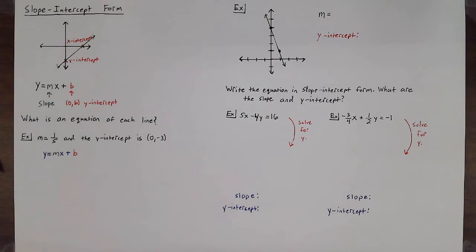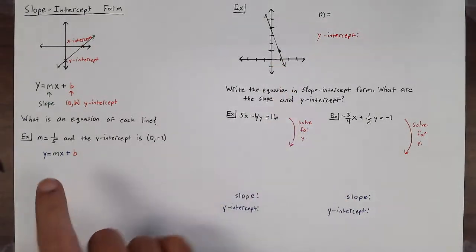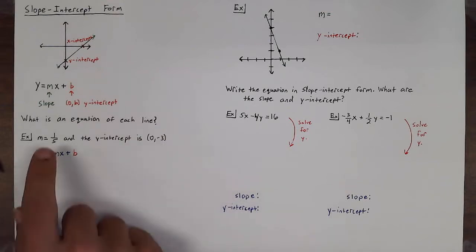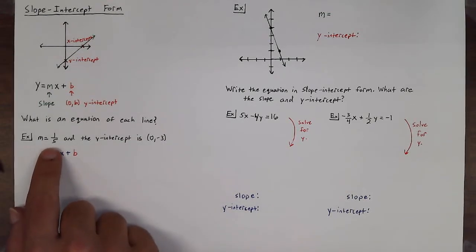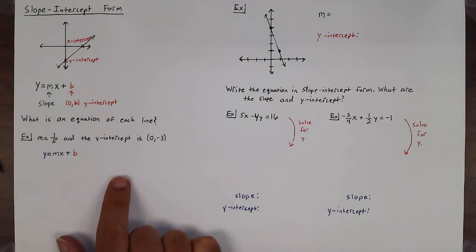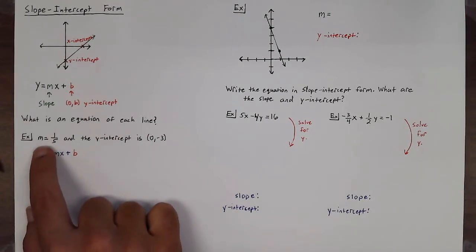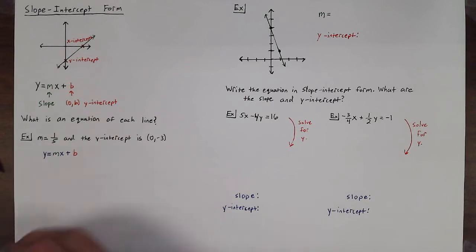For the next two examples, we're going to find out what is an equation of each line. Starting with this one, m is equal to 1/5 and the y-intercept is (0, -3). Now m just stands for slope, so we know the slope is going to be 1/5.